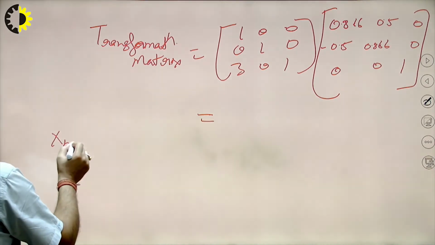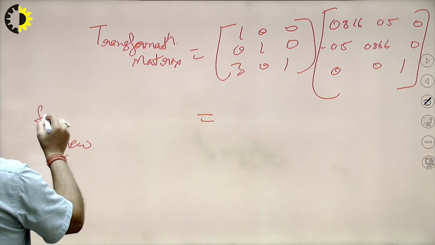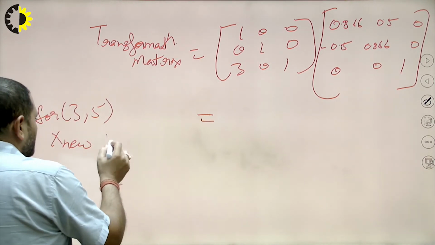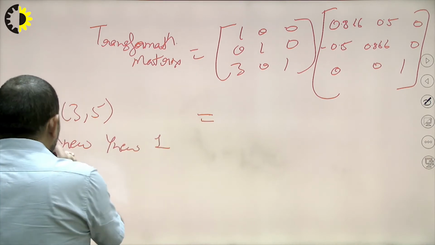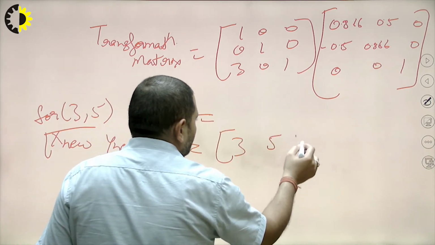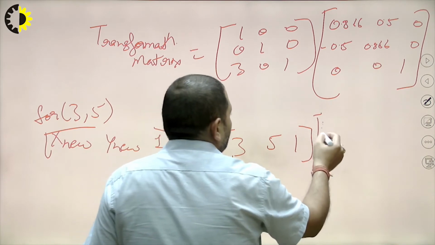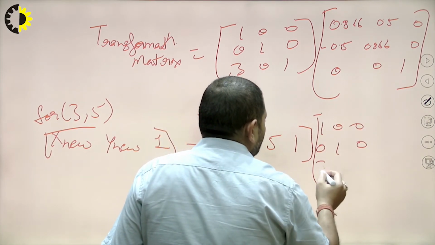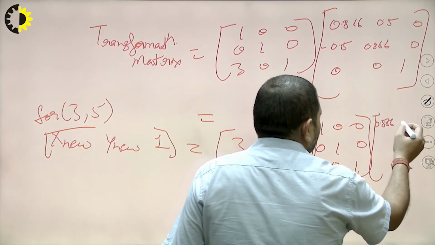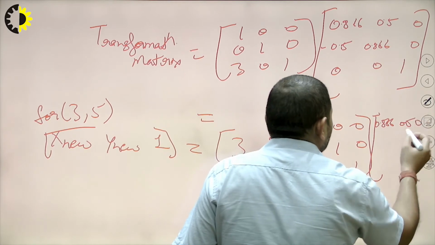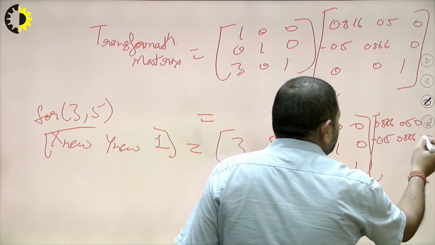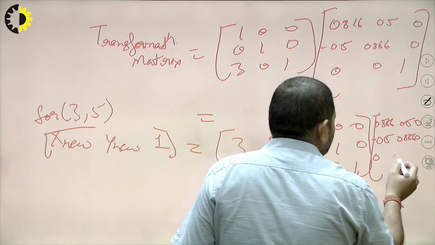So x new, y new, 1, for the coordinate 3 comma 5, can be written as equal to x old, that is 3 5 1, multiplied by 1 0 0, 0 1 0, 3 0 1, and multiplied by 0.866 0.5 0, minus 0.5 0.866 0, and 0 0 1.